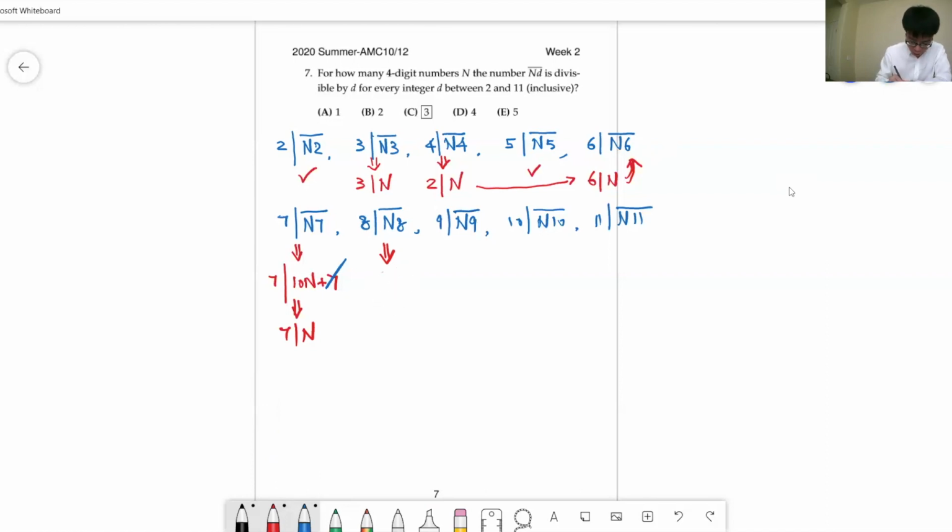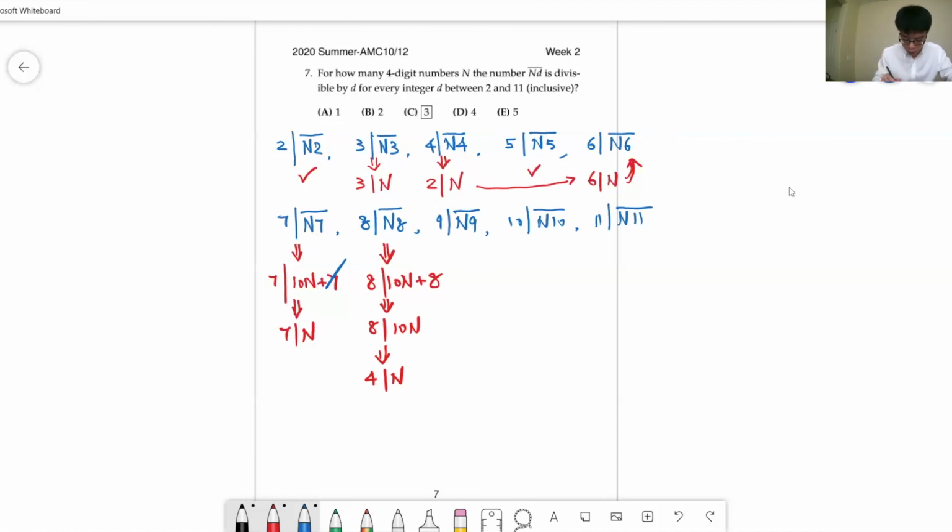This means 10n plus 8 has divisor 8, right? And that means 8 is a divisor of 10n. Because in 10 we already have a factor 2, this requires n divisible by 4. So 10n is 5 times 2n, and for it to be divisible by 8, we require n is divisible by 4.